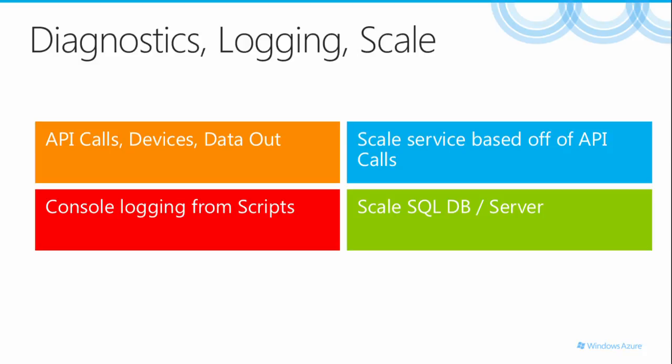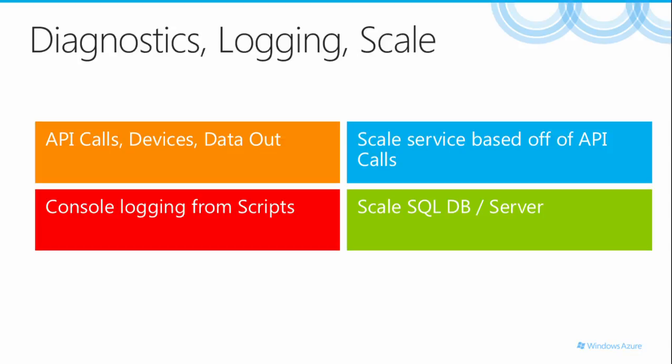It's a recent thing we released about a month to 2 months ago, the capability to automatically scale out your solutions. Mobile services will scale out if you've got it configured to auto-scale based on how many API calls are coming in. Console logging from scripts, we saw that today, and you can also scale your DB.